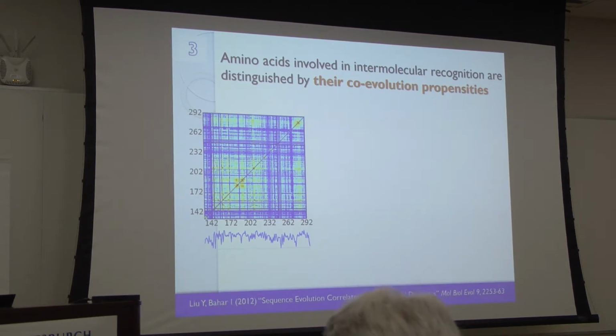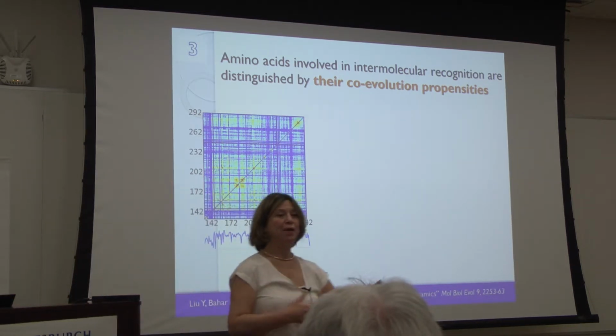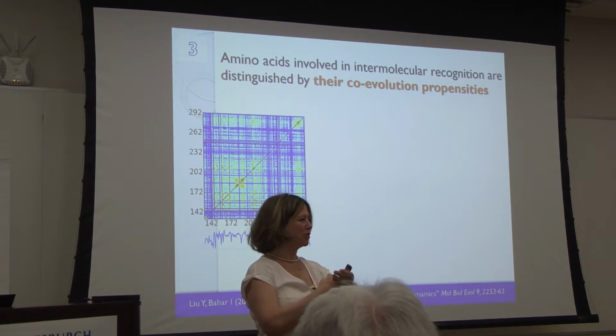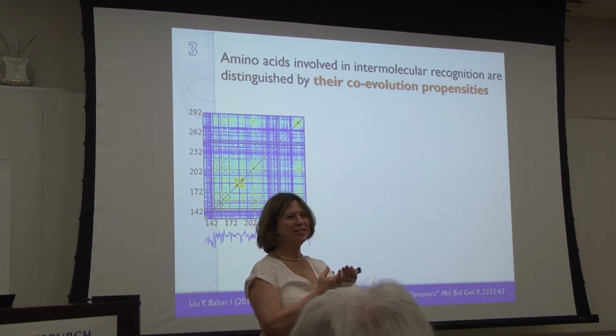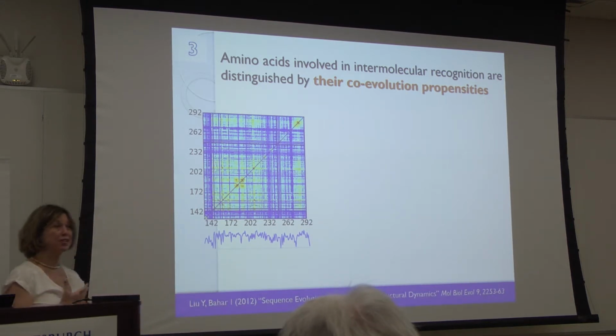Now, another property, you remember, whenever I'm talking about coevolution, I'm talking about recognition, substrate recognition, right? Co-evolving sites would usually be involved in promiscuous interactions, in some cases multiple interactions.